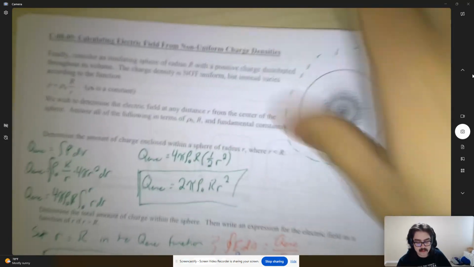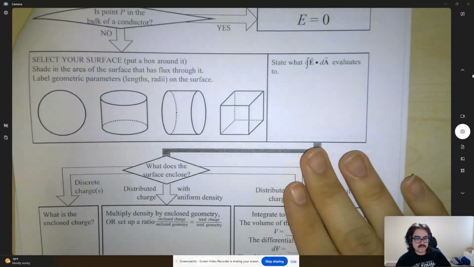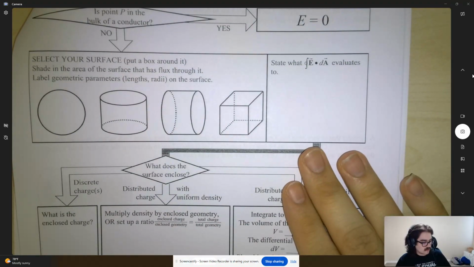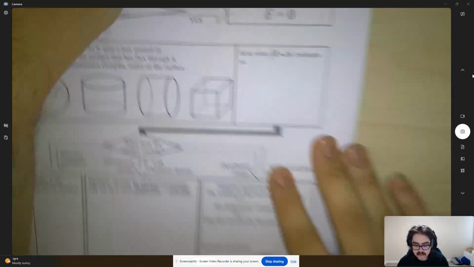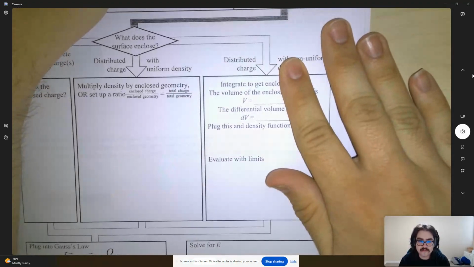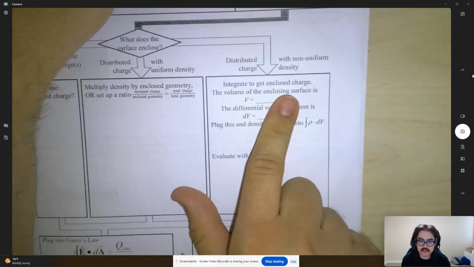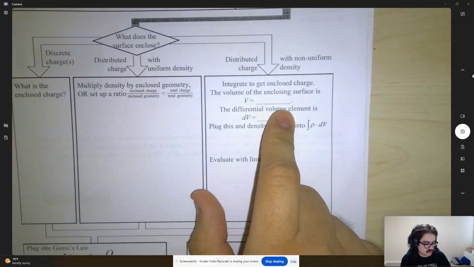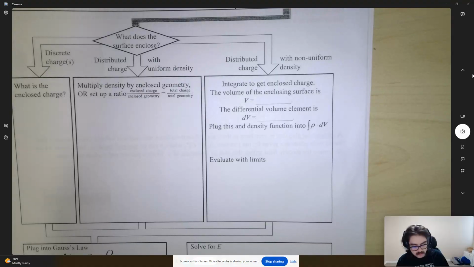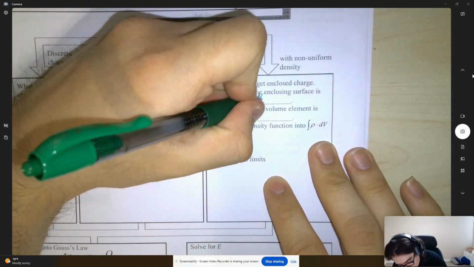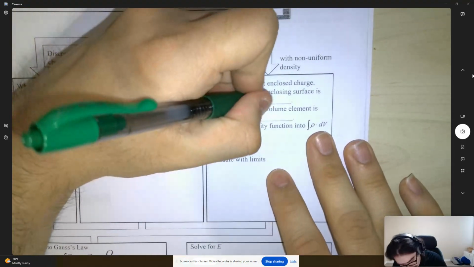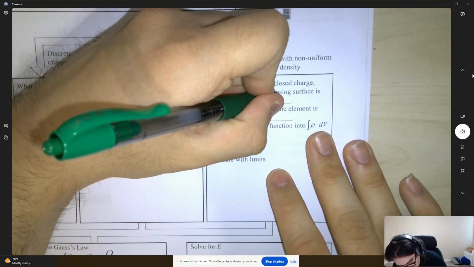This is the graphic organizer. The main thing I want to go over is how I got the enclosed charge. You do have to integrate to get the enclosed charge. The volume of the enclosing surface we picked was 4/3 pi r cubed.